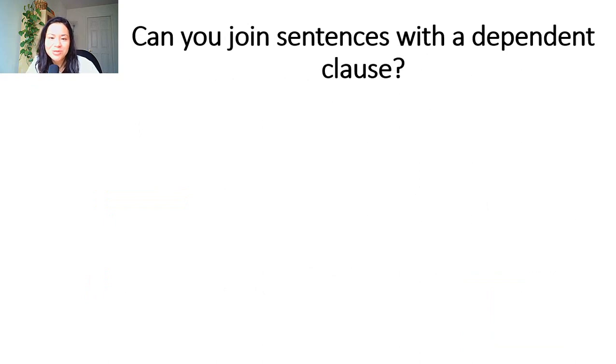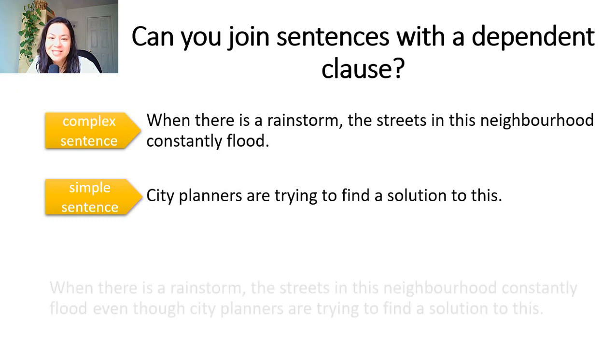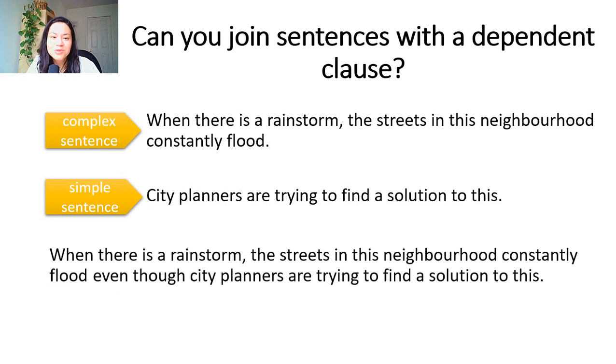Let's look at another way to build a complex sentence. We'll use the same two sentences we've been using. This time we'll add another dependent clause to the sentence. When there is a rainstorm, the streets in this neighborhood constantly flood, even though city planners are trying to find a solution to this.